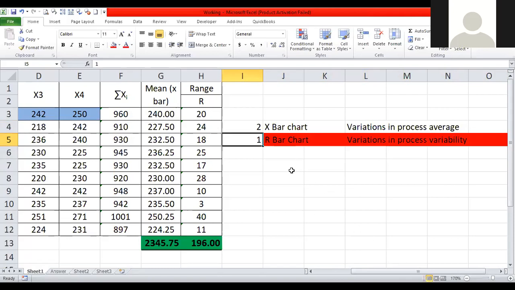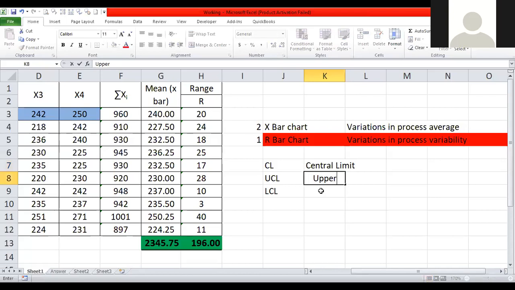So if you want to draw the R bar chart, you need three values. One is CL, other one is UCL, and the other one is LCL. CL means central limit and UCL is upper control limit.